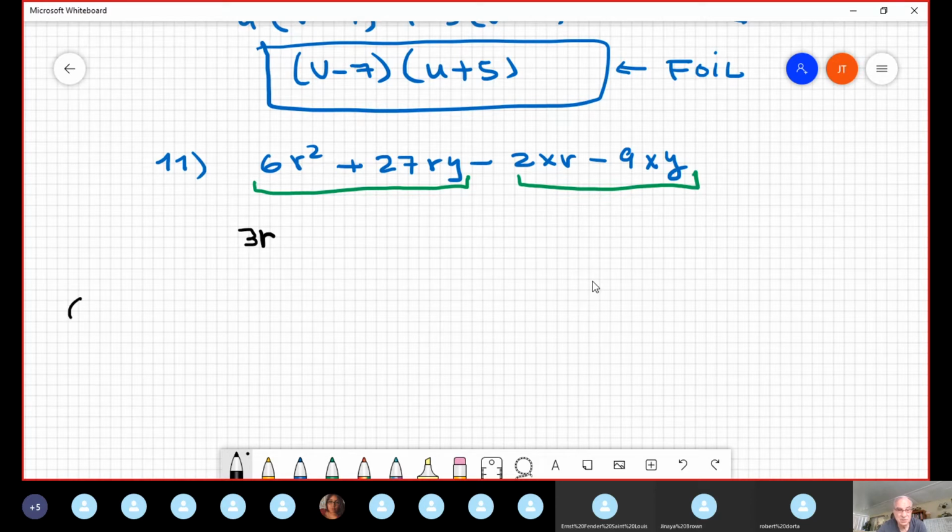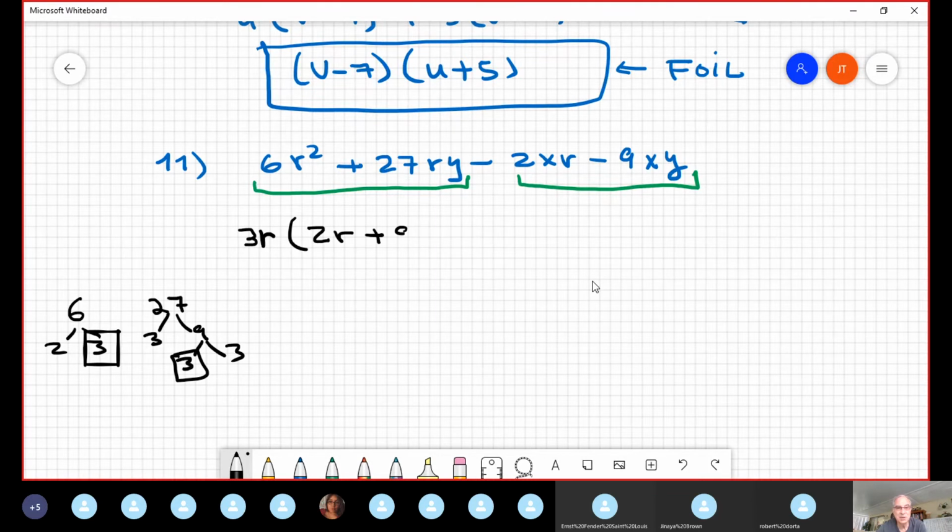Let me check it again. In one corner of the piece of paper, I break it down to 3. This is 3, 9. Now I can see that 3, look at that, is a common factor. Then the numerical part of the GCF is 3, and the variable part is R. So we have 2R plus 9Y, no?